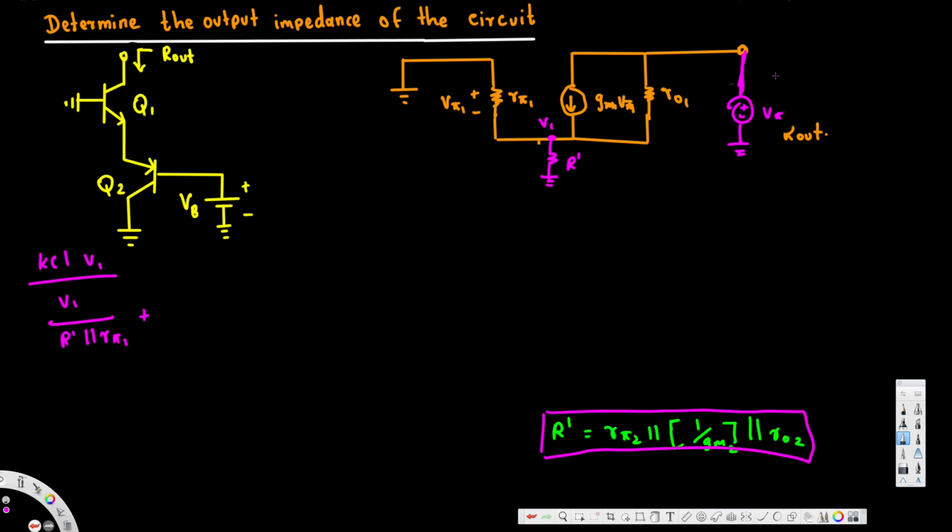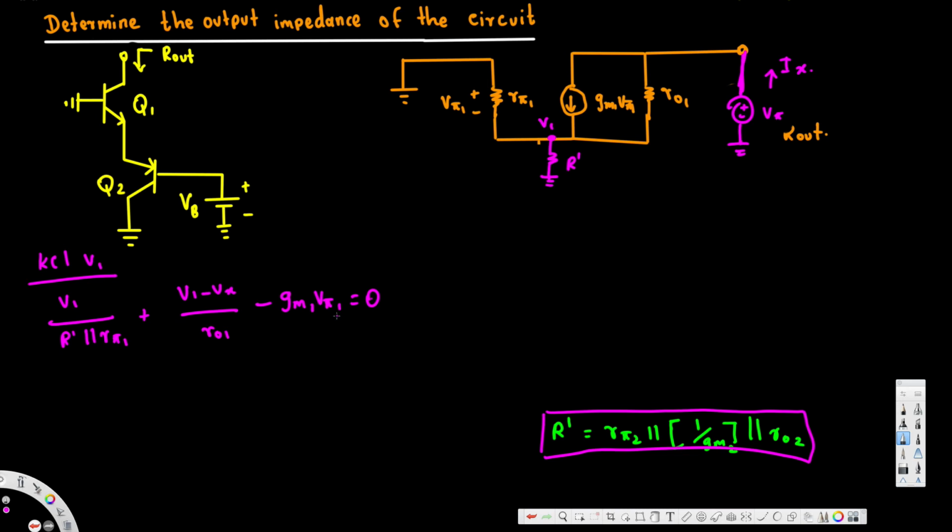The current through this one is Ix. So this is going to be V1 minus Vx over RO1, minus gm1 Vπ1, is equal to 0.